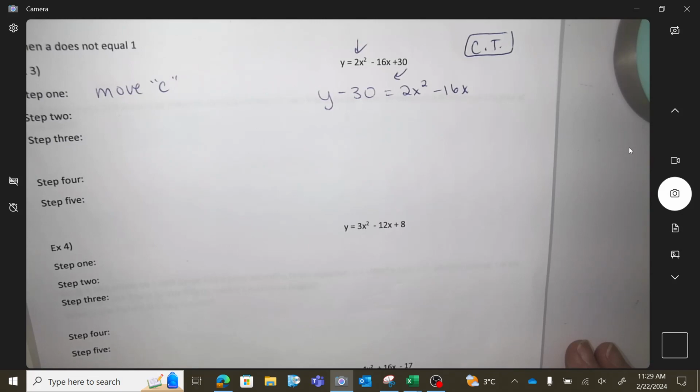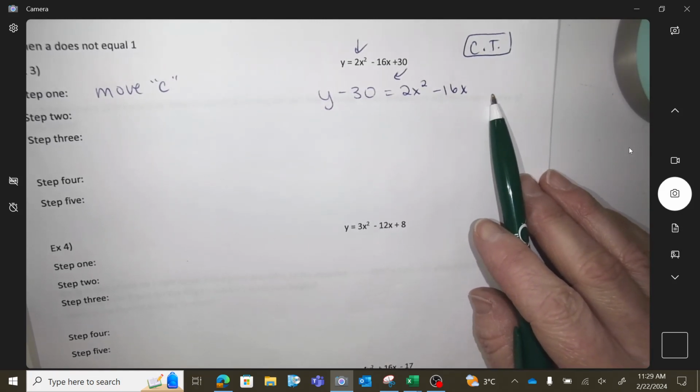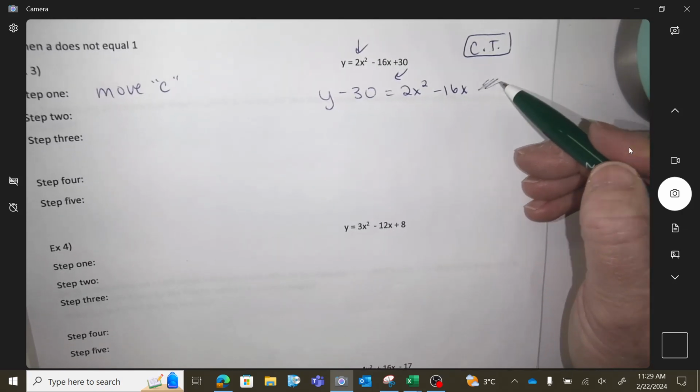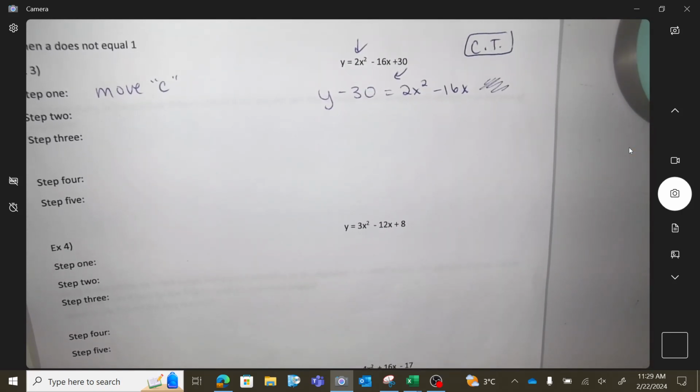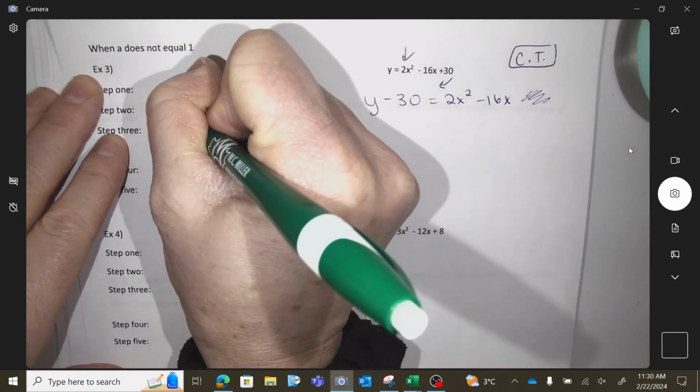People try to do their complete the square thing right here. You cannot do that. What did I just say? You can't do complete the square unless it is a simple trinomial. So do not do it there. That's not simple.